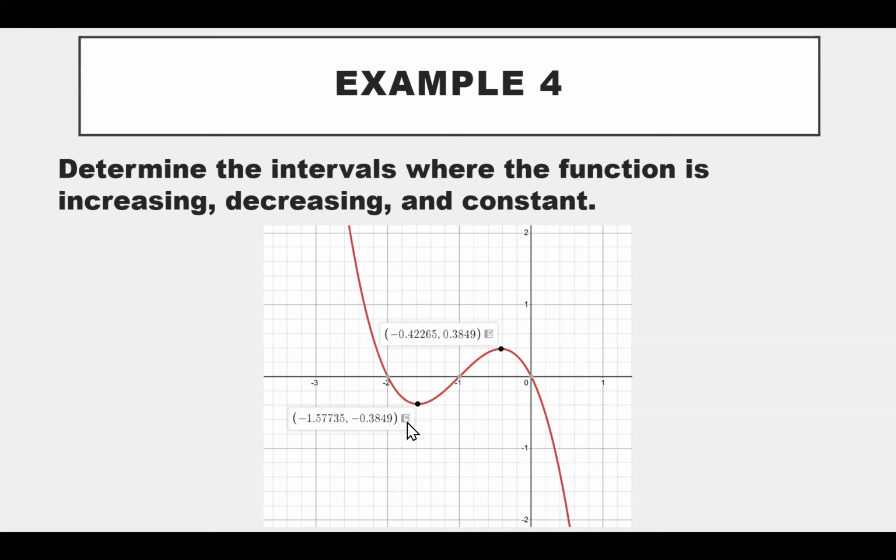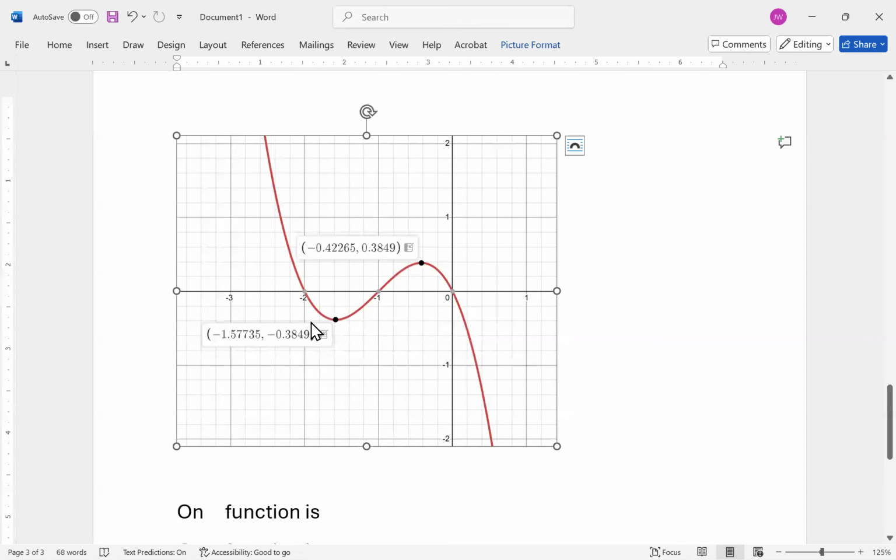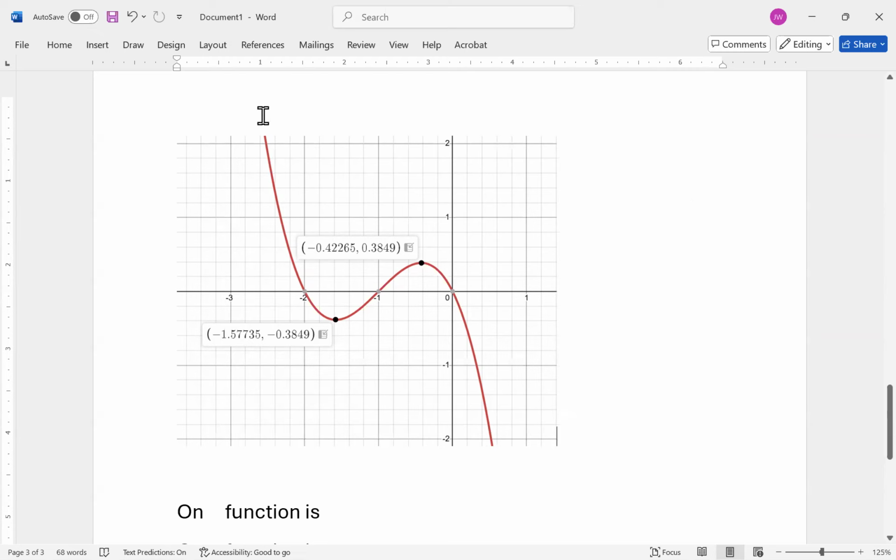I've labeled those points because they're really hard to spot just using the visual. One of them has x value about -1.58, and the other has x value about -0.42. All right, so in this function, it looks like this pattern goes on forever to the left.